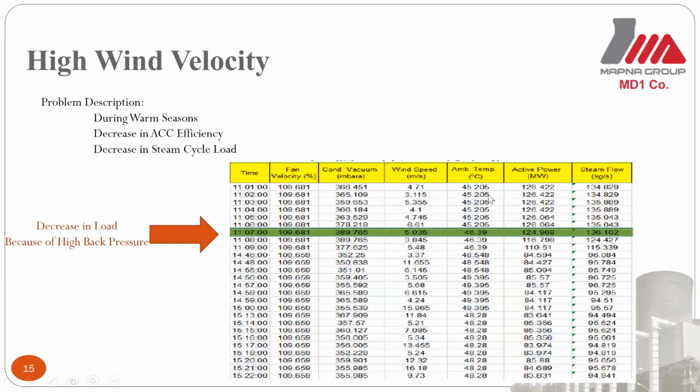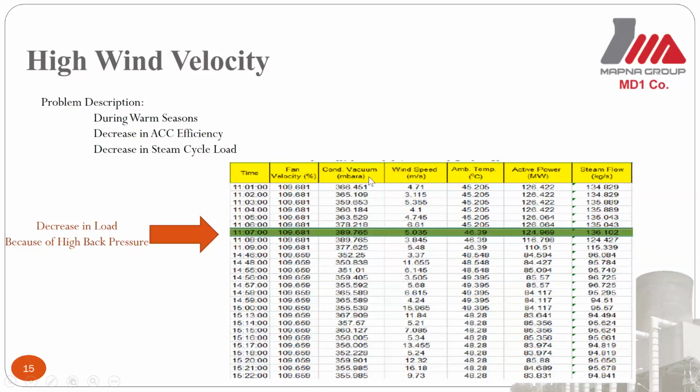Okay, you can see the ambient temperature in this column. As you can see, ambient temperature is about 40, 45, 46, and maybe goes up to 49. And wind speed, as mentioned in this column, is about 5 meters per second, or maybe higher, 11 meters per second.